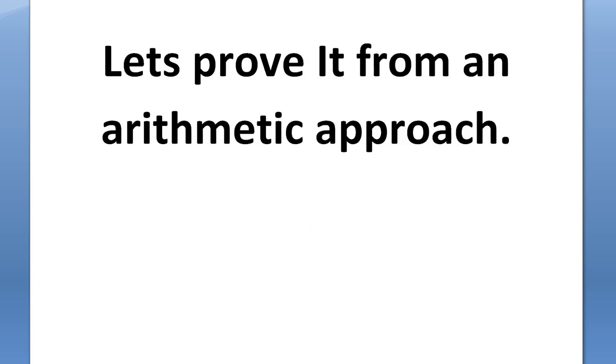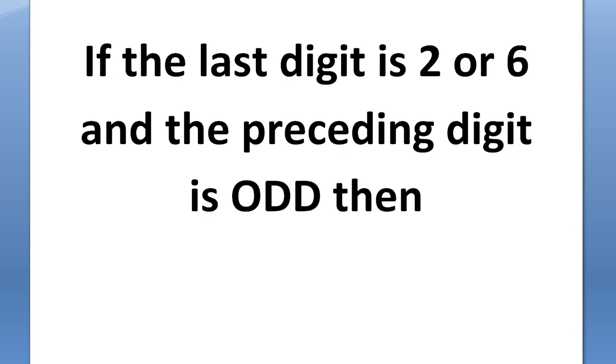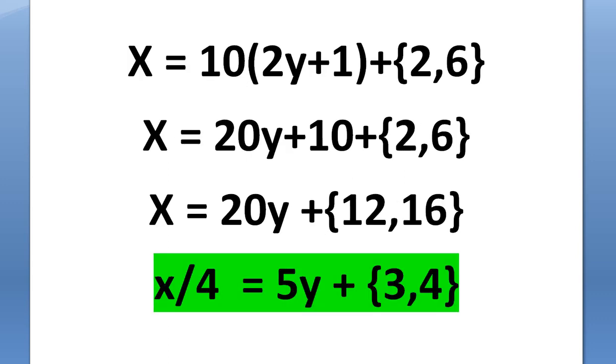So let's prove it from an arithmetic approach. If the last digit is 2 or 6 and the preceding digit is odd, then x is of the form 10 times (2y plus 1) plus 2 or 6. x is equal to 20y plus 10 plus 2 or 6. x is equal to 20y plus 12 or 16.